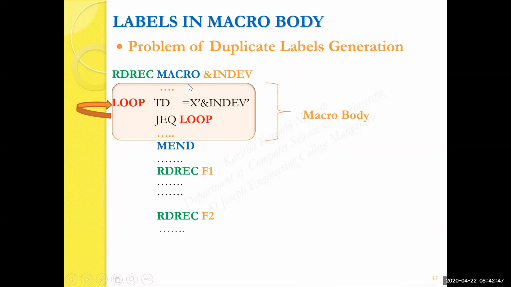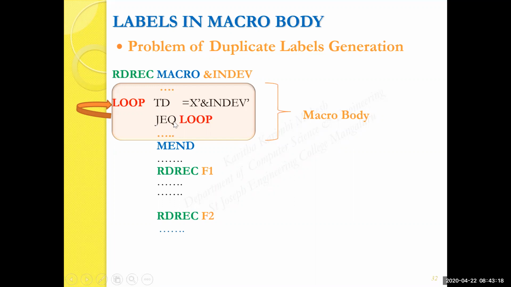The statements that form the body of the macro are shown in the rectangle here. There are a few statements immediately following the directive MACRO, and thereafter we have two instructions which involve a label. The first instruction is TD =X'&INDEV'. Now please note the instruction TD tests if the device that is specified in the operand field is ready or not to send or receive data.